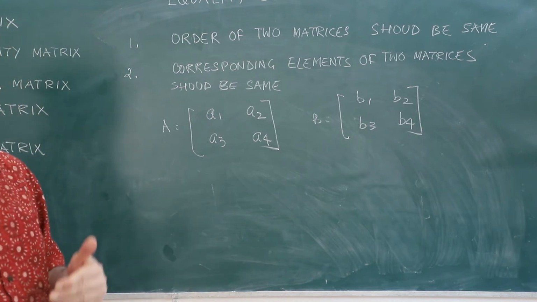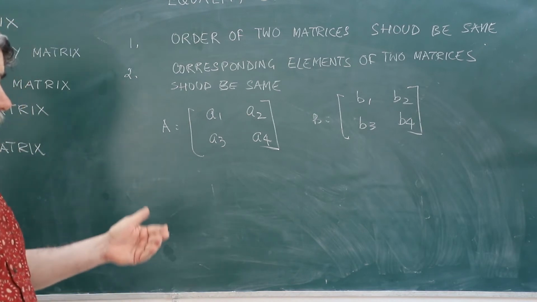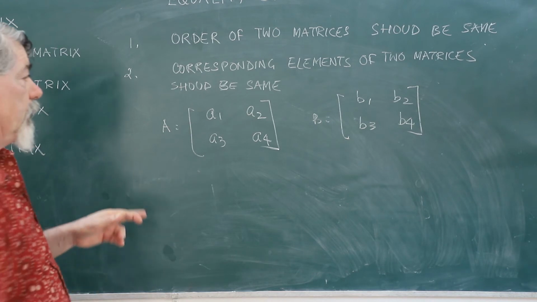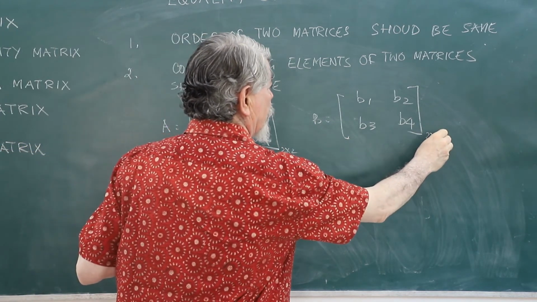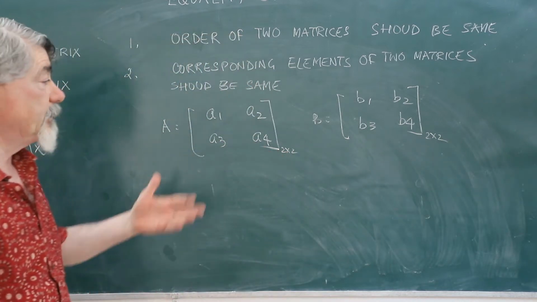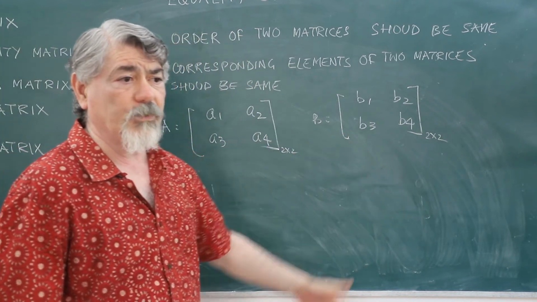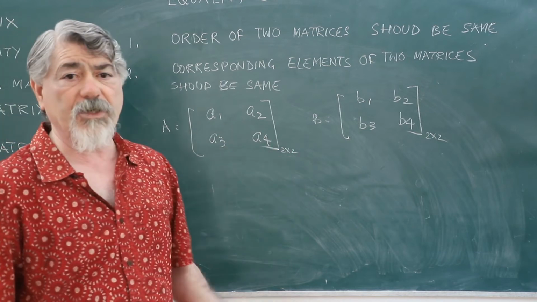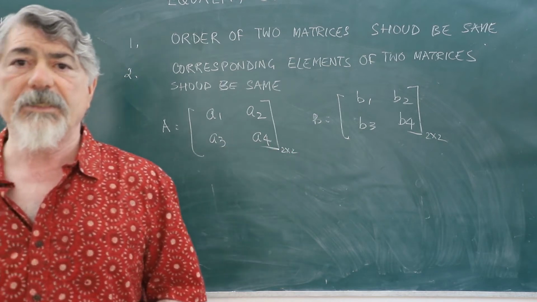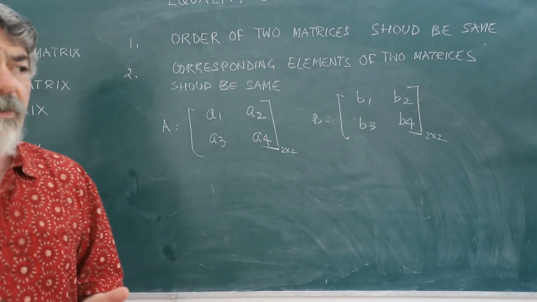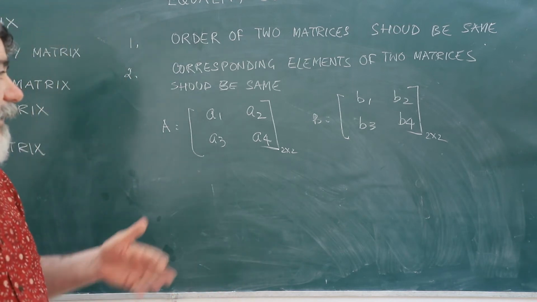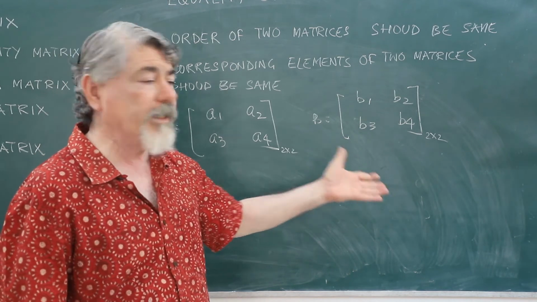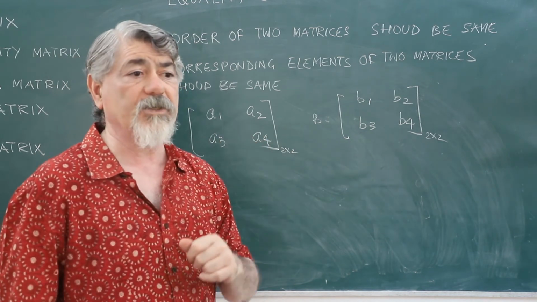The order of this matrix is 2 into 2, and the order of the other matrix is also 2 into 2. Then only we can say these two matrices can be equal. If the order of the matrices is not the same, then we cannot say the two matrices will be equal.